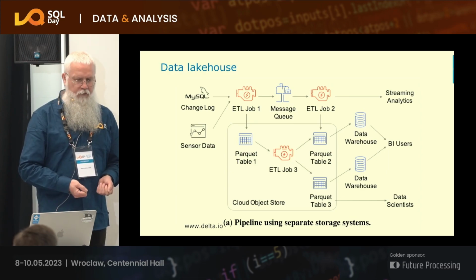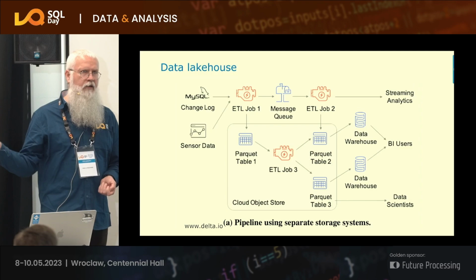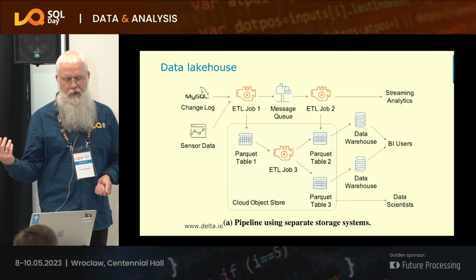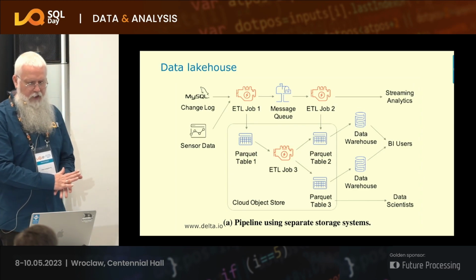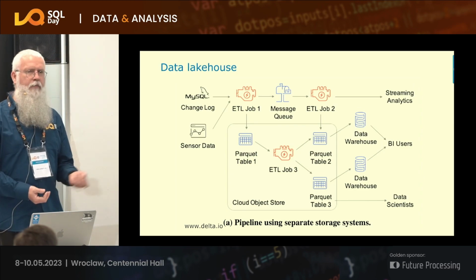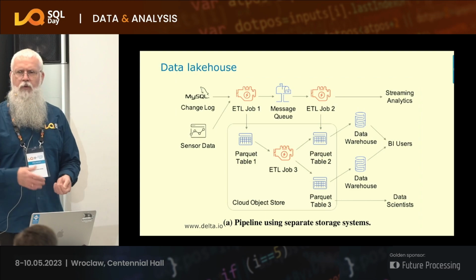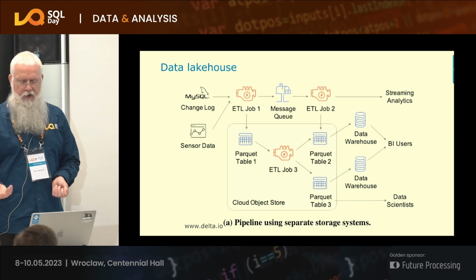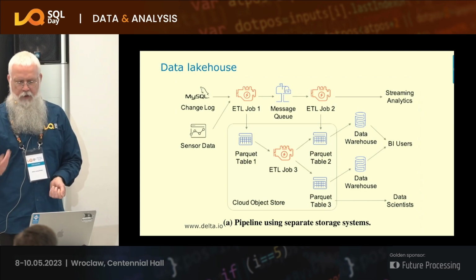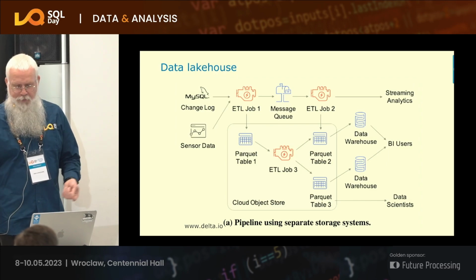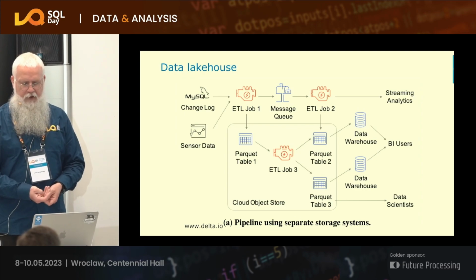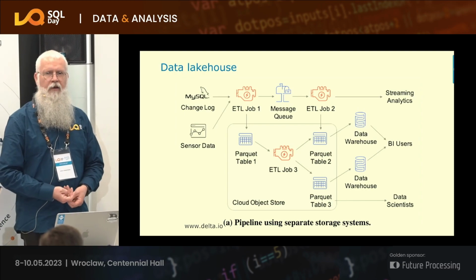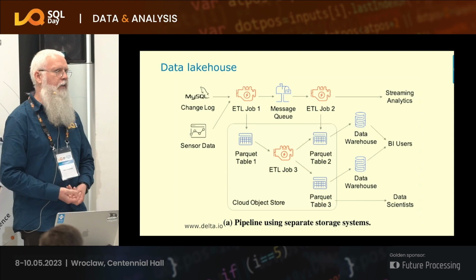Then the message queue has an ETL job on the other side that pulls that data onwards and streams that into the streaming analytics. Whereas the ETL job takes the Parquet files, transforms that to new Parquet files, which are then being loaded into a data warehouse, or 2 or 3 or 4, and then being used by BI users, or you have the data scientist connecting to one of the Parquet files underneath, which is all fine and dandy.